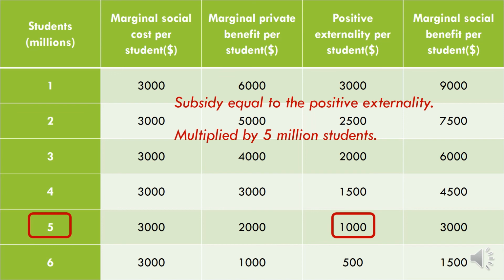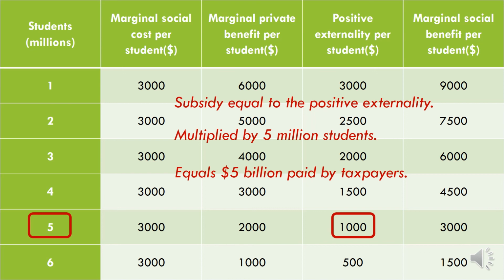So the subsidy of $1,000 per student multiplied by 5 million students gives you the total amount of subsidy that has to be paid. That's $5 billion in total. And that money presumably will be paid by taxpayers.